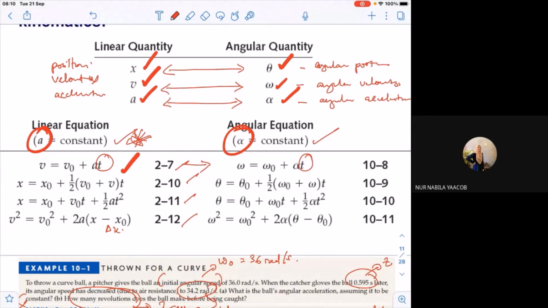Every situation involving linear quantities such as velocity, acceleration, and position can be compared to angular equations, and we can replace them. In a linear equation, we can replace all the linear symbols such as x, v, a with theta, omega, and alpha.